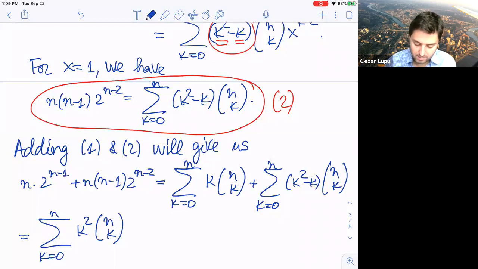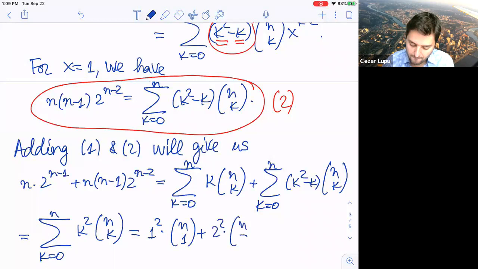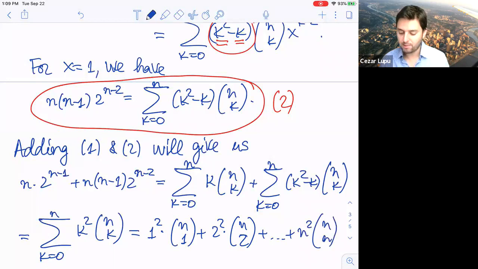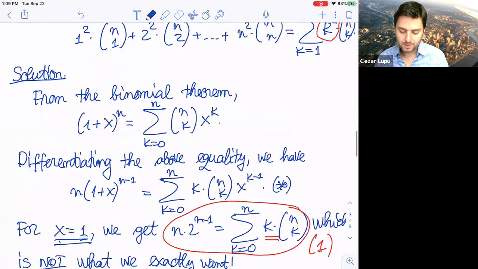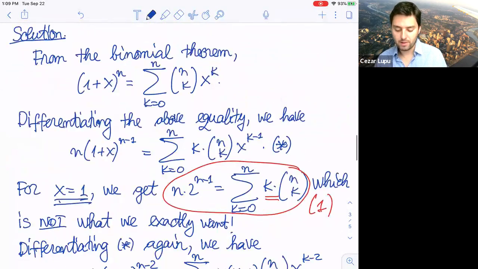So it's the same as the sum 1 squared times n choose 1 plus 2 squared times n choose 2 plus n squared times n choose n. And that's what we want to prove, right? If we go back, that's exactly what we want to prove. And that's it.